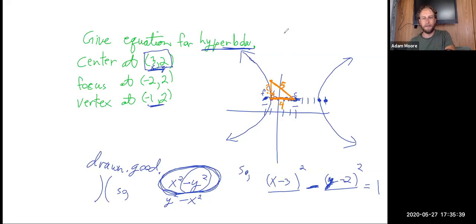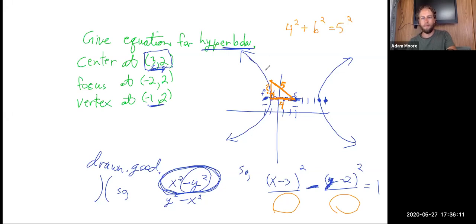So what I want you guys to do is we'll take that to the side. We know that we're trying to figure out what numbers go down here. It's not real obvious, but we're almost there. Once I get the box there, that'll tell me how many steps to go this way and that way. So we'll say, okay, 4 squared plus something squared. We'll maybe put b squared. Equals 5 squared.